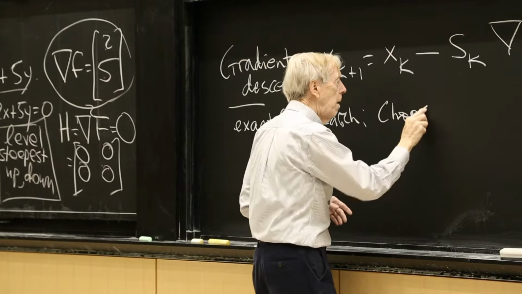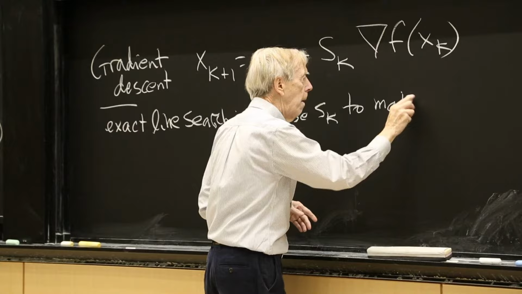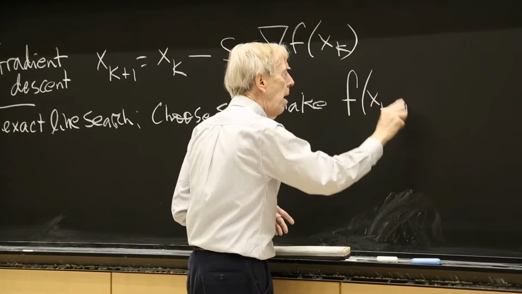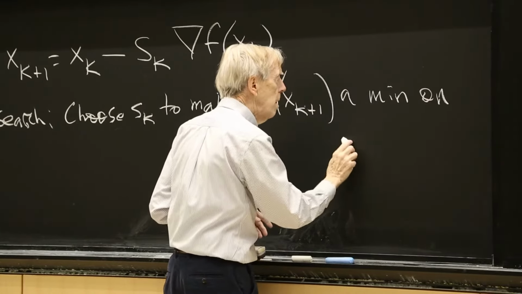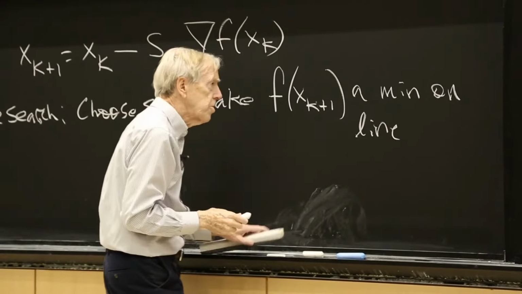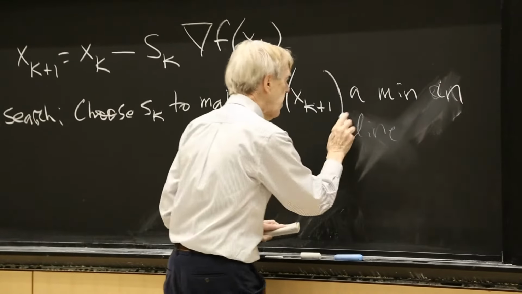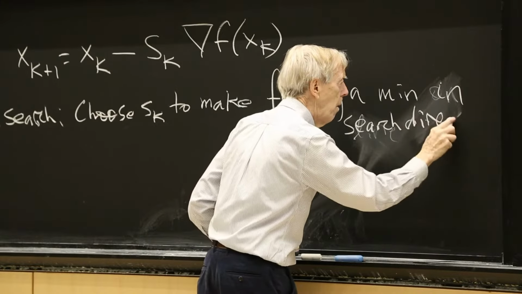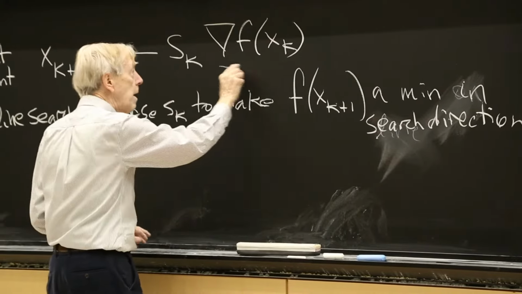Choose s_k to make my function f at x_{k+1} a minimum on the search line, a minimum in the search direction. The search direction is given by the gradient.